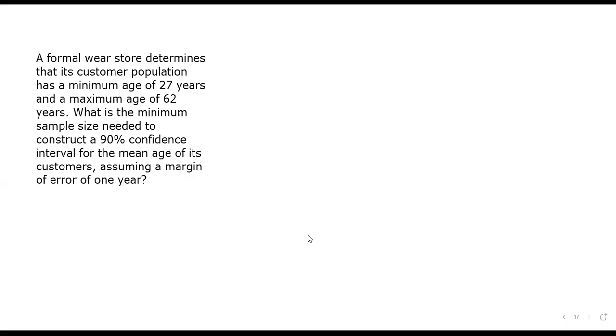Okay, so let us identify our parameters. What are we given there?